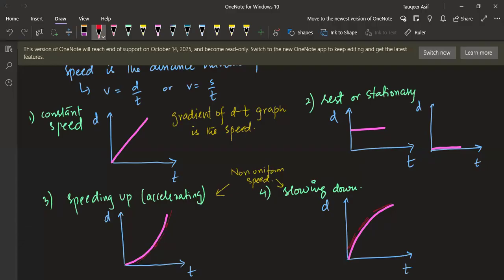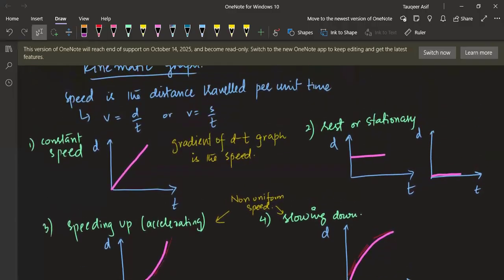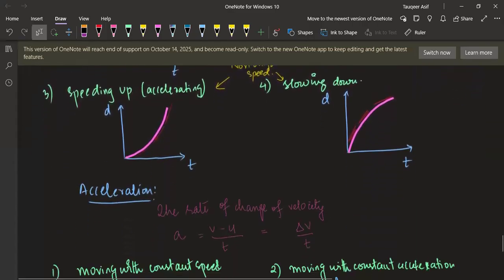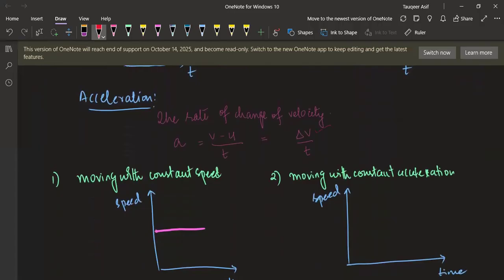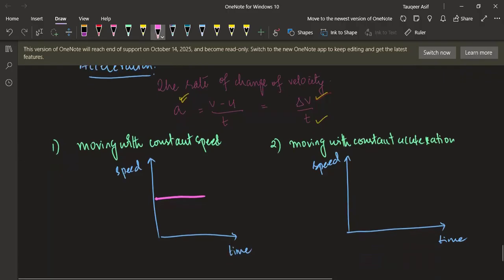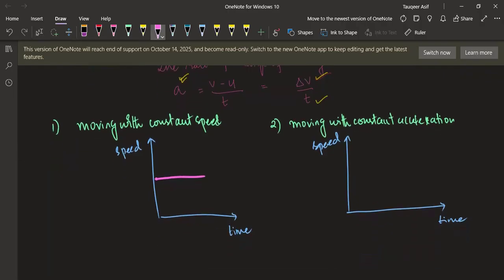So we were talking about gradient in the distance time graph to represent the speed. Now over here we have the speed or velocity time graph, and we have to represent the acceleration. So are we not going to talk about the gradient? We will talk about the gradient. The line should be a straight diagonal line, which is going to have a constant gradient.